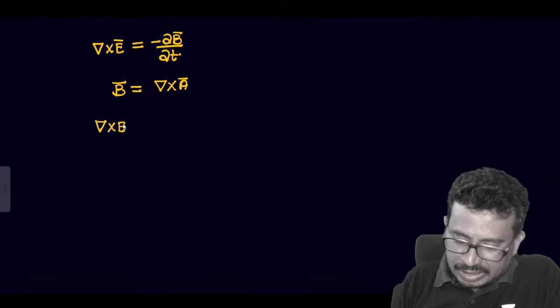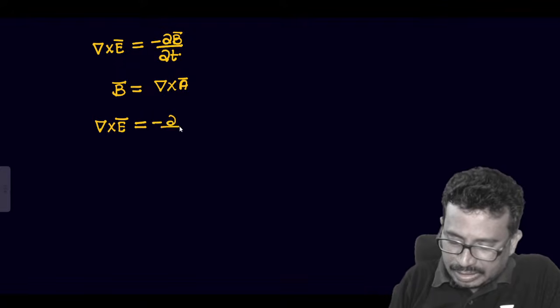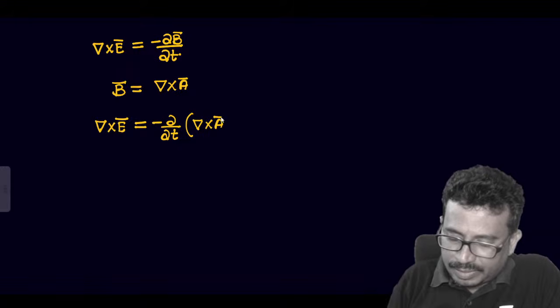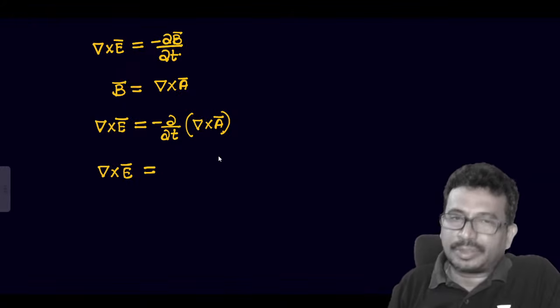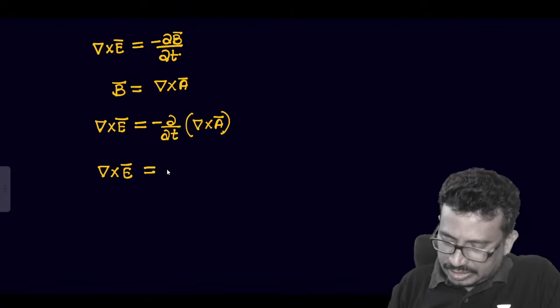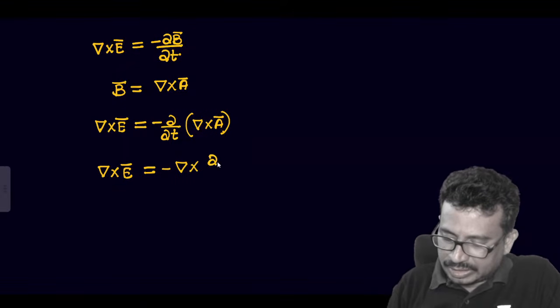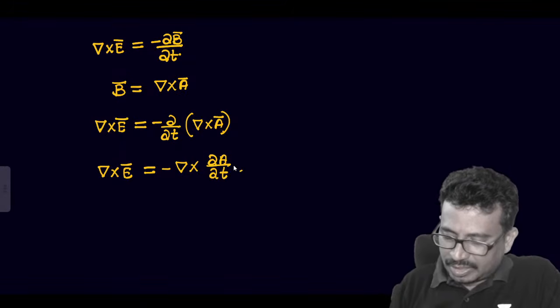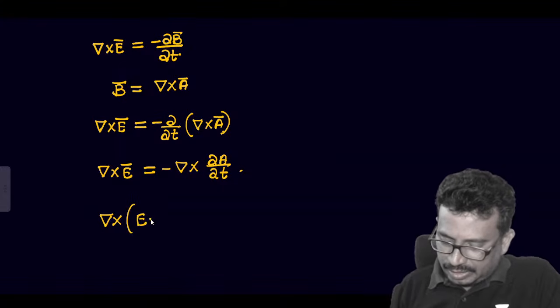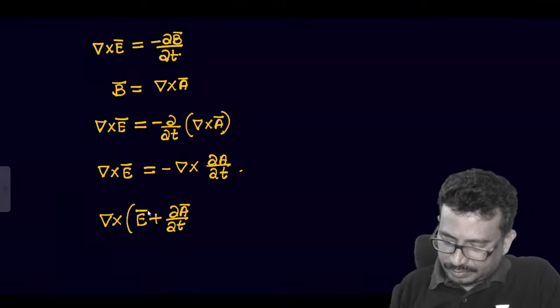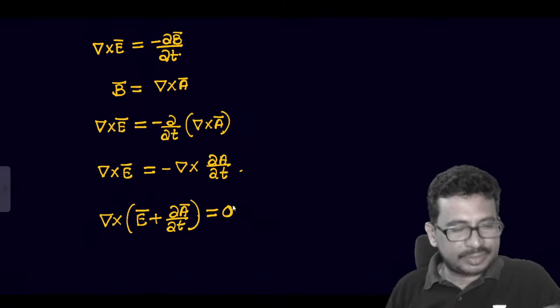Then we'll get del cross E equal to minus dou by dou T of del cross A. This is minus del cross of dou A by dou T. If I bring it to this side, it becomes del cross of E plus dou A by dou T, equal to 0.